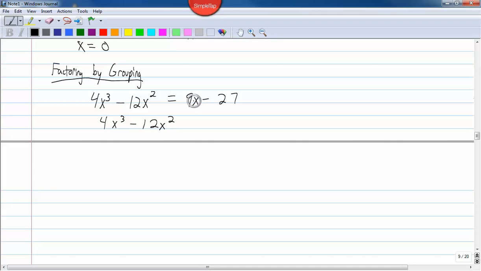Alright, so if it's a positive 9x on the right side of the equation, it'll be a negative 9x on the left side. If it's a negative 27 on the right side of the equation, it'll be a positive 27 on the left side. And so that leaves everything equal to 0. Which, if we're going to use the zero product principle to help us solve it, then we have to have the equation set equal to 0.